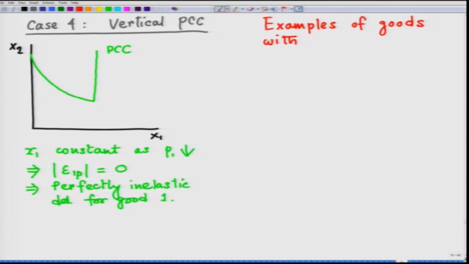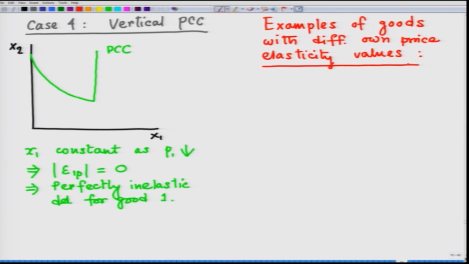So, we are going to give you examples which basically display the range of possibilities. Note that the goods that we are going to list are not the only examples, there can be many other goods, but these are just for illustration purpose, right.